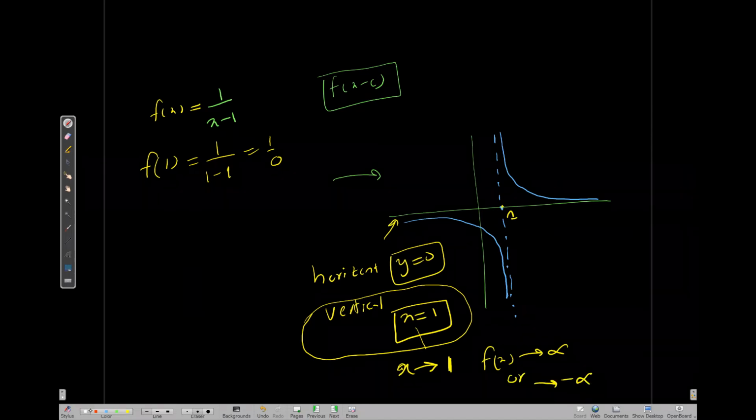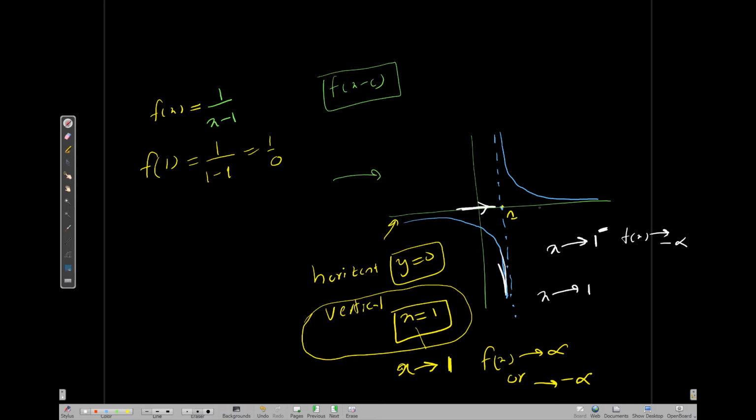Now, if I explain this a little bit more, when I'm approaching 1 from the left, we write it like this. This minus sign says you are approaching from the left, and your f of x goes to negative infinity. And when I'm approaching 1 from the right, it's going to positive infinity.